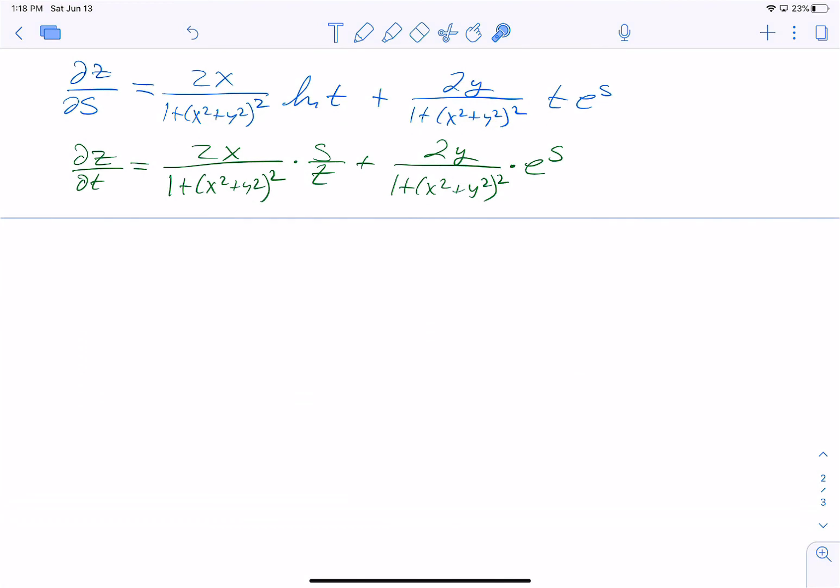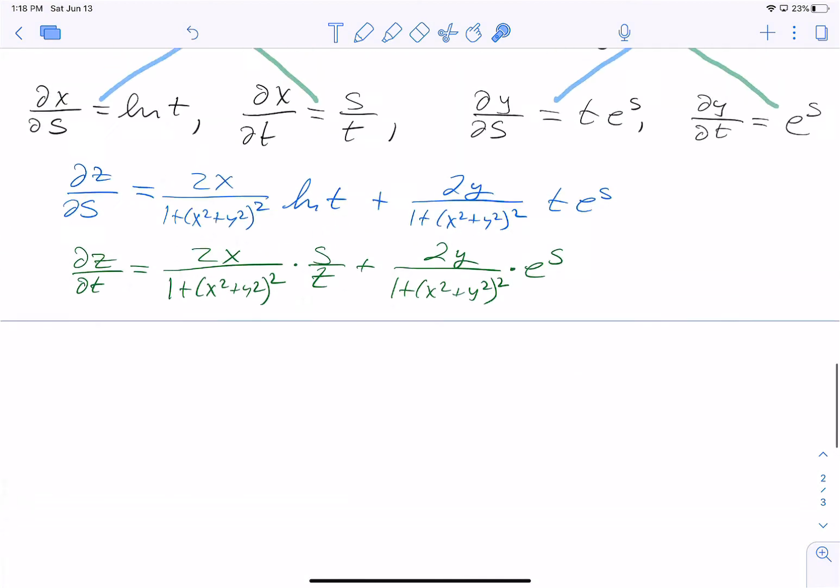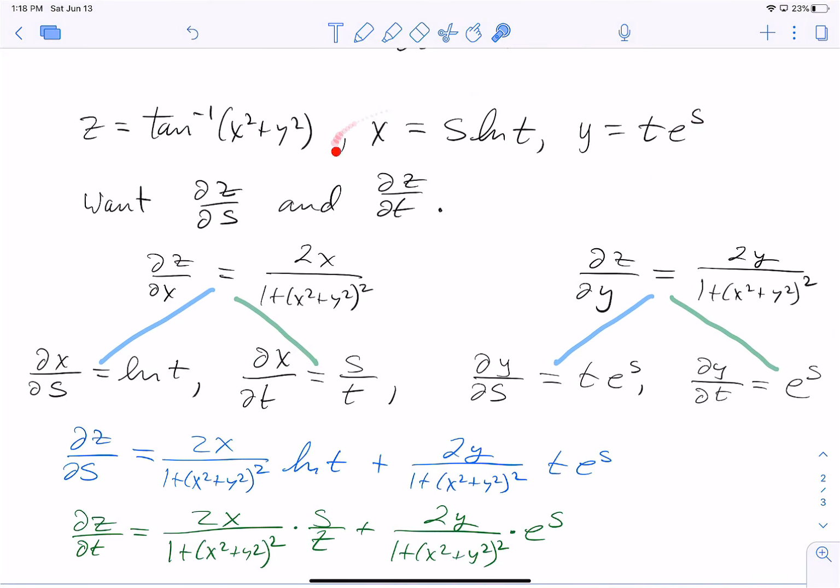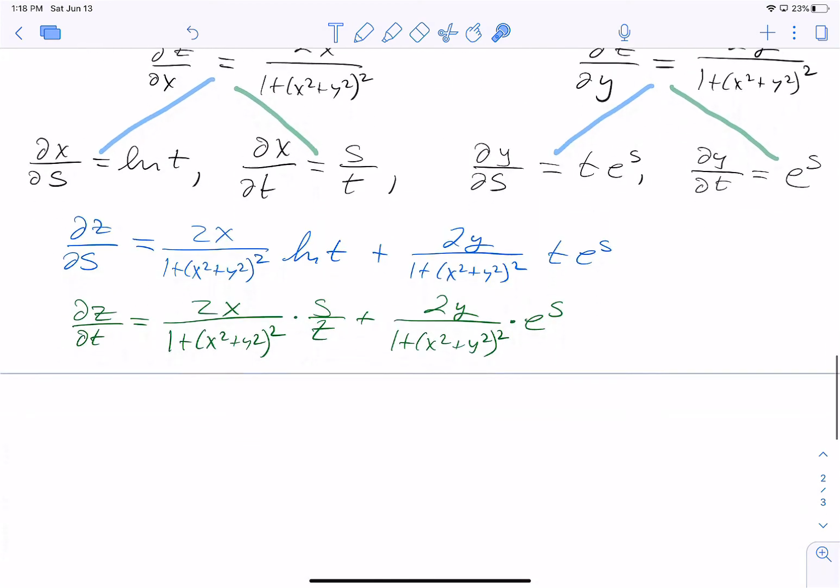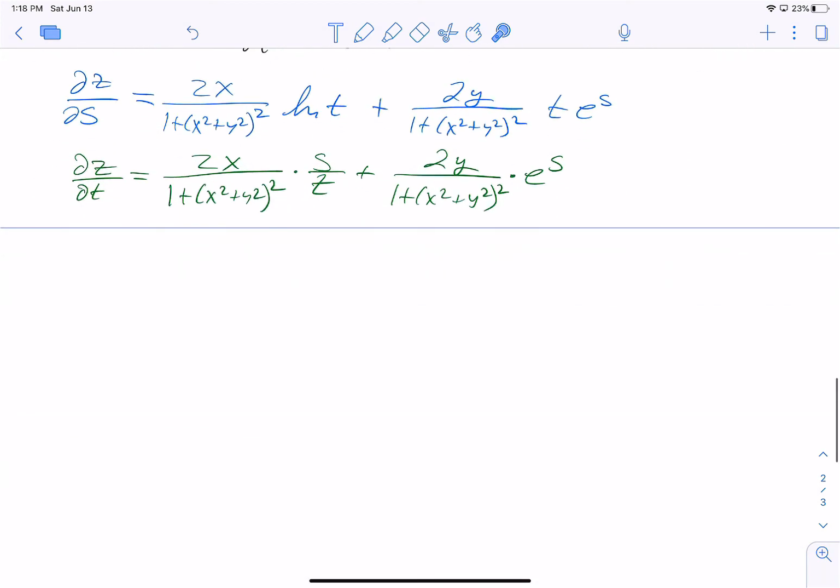And so it's just a matter of substituting in place of x and y, and then expressing it as a single fraction where we have the definitions of x and y given at the beginning of the problem. For the partial of z with respect to t, I see that there's a fraction s over t in the first term and not in the second term. So it would make sense for us to go ahead and multiply by t over t to get common denominators.